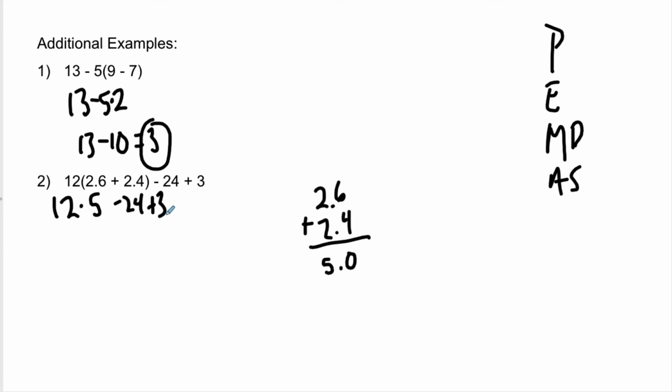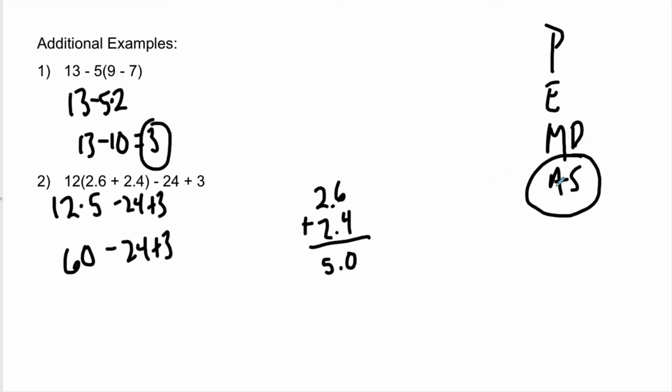All right, do I have parentheses? No. Exponents? No. But I do have multiplication. That comes next. That comes before subtraction and addition. 12 times 5 is 60. Bring everything else down. Now this is another great example. My last two things are addition and subtraction. Those two things, one does not come before the other.